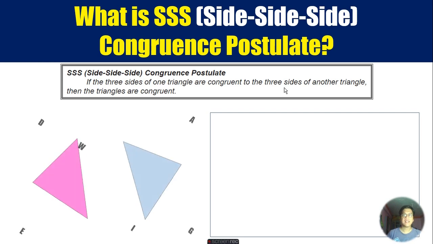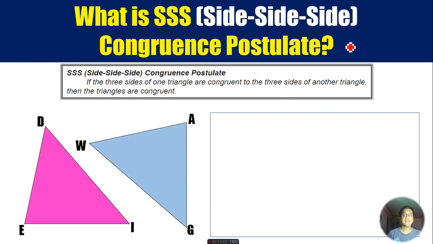Now, what is the SSS or side, side, side congruence postulate? By definition, the SSS congruence postulate states that if the three sides of one triangle are congruent to the three sides of another triangle, then the triangles are congruent. If you can see these two triangles, if they are congruent by SSS, although these have different orientation, we can say that by pairing the corresponding sides, they are congruent.